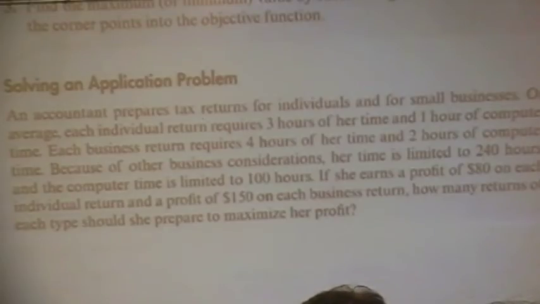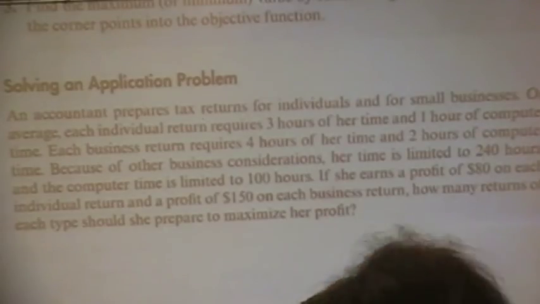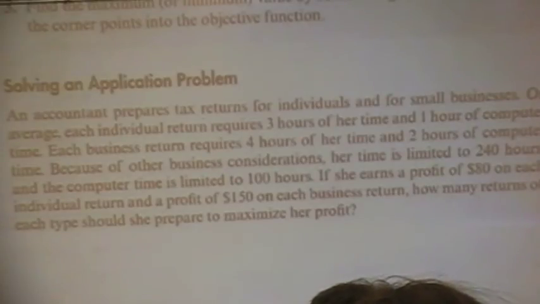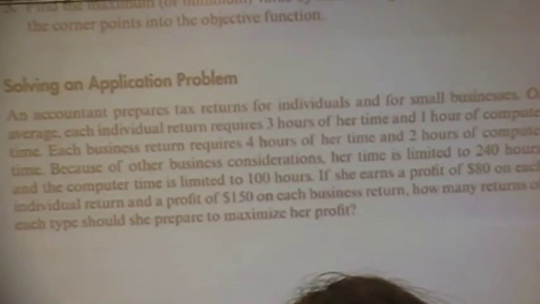Secant of pi over 6 you should be able to find. What is secant? Secant is 1 over cosine. Cosine is square root of 3 over 2. So secant is 2 over square root of 3. Just flip it over. So that should be easy enough.